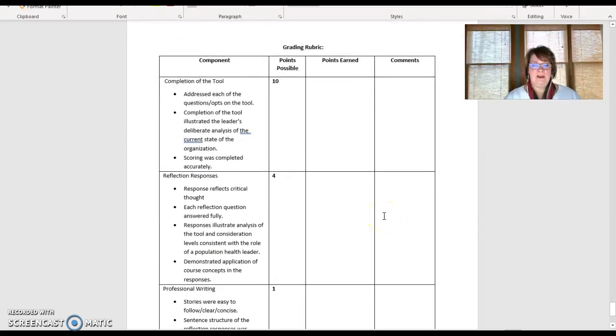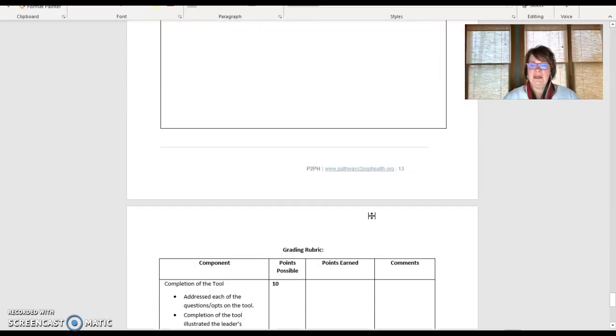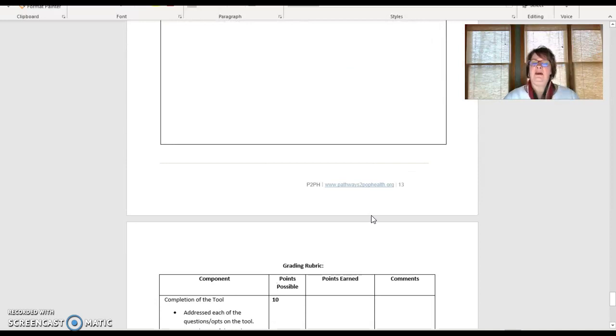And with that, the grading rubric is attached to the form itself, so you'll know specifically what we'll be looking for. And again, the key here is to start to think in terms of population health, what's occurring in your organization, what kind of leadership skills, and what kind of change models would be appropriate to apply to your findings.